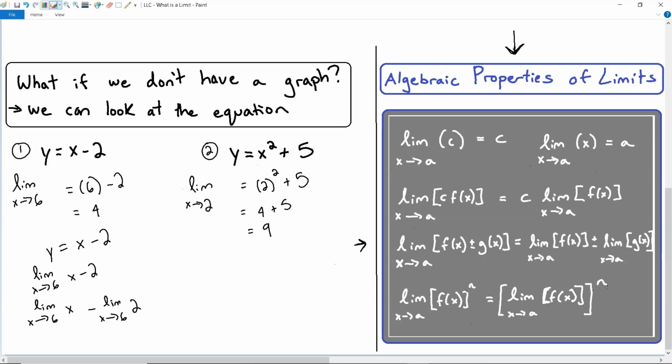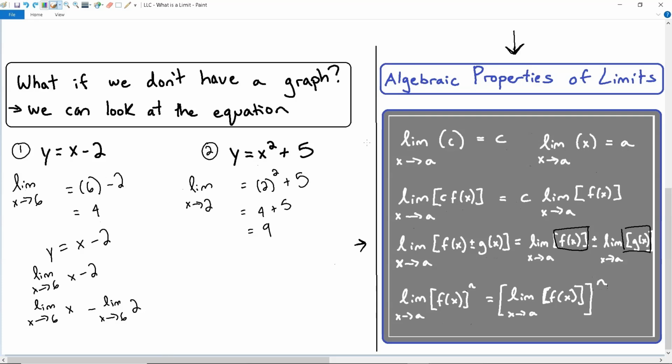So you can see here that the limit of a function here is equal to one piece of the function being defined at a limit plus or minus the other piece. Here they're just representing the pieces of a function as f of x and g of x as two separate functions. So in this case, I have a limit as x approaches 6 for x and for 2.